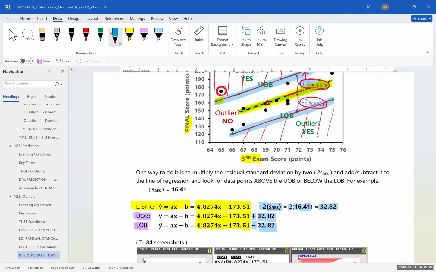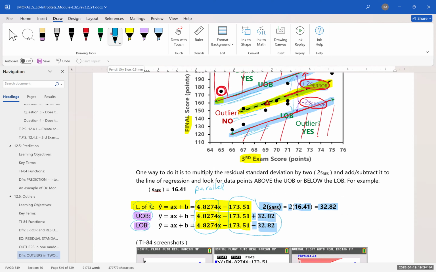And what you'll notice is that your line of regression, your upper outlier boundary, and your lower outlier boundary all have the same slope. That's what makes them parallel. They both have the same rise and run. But what offsets them, what makes one higher or lower than the line of regression, is based off of the value of the y-intercept.